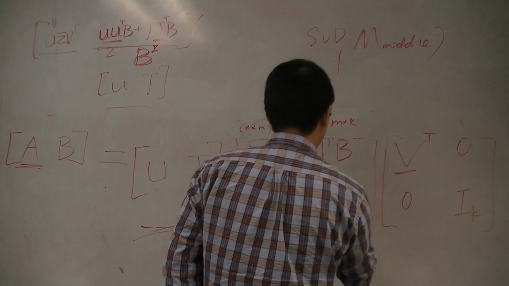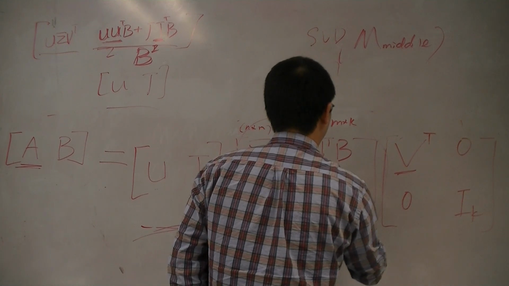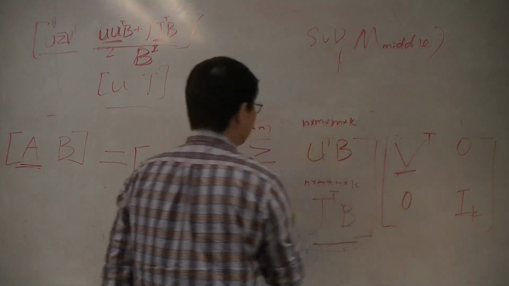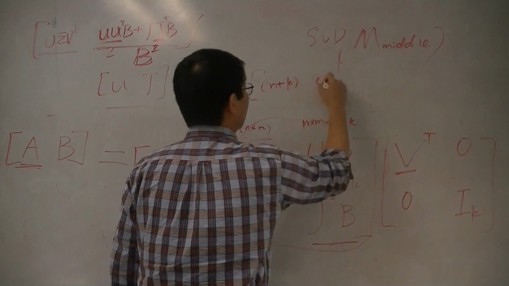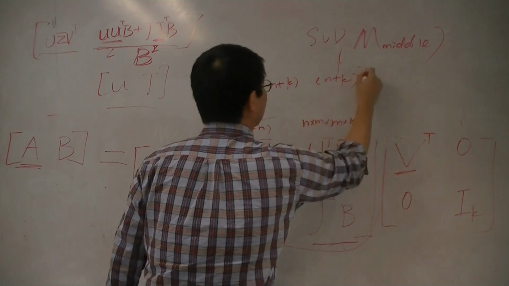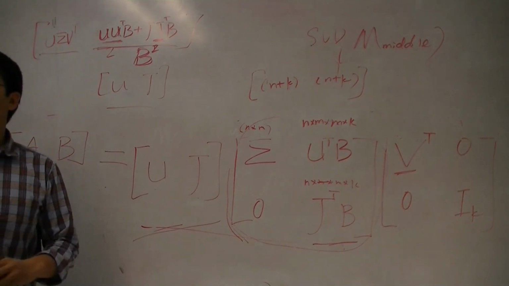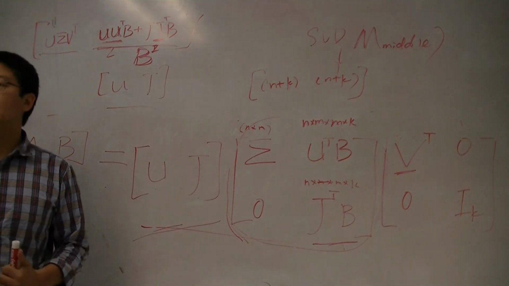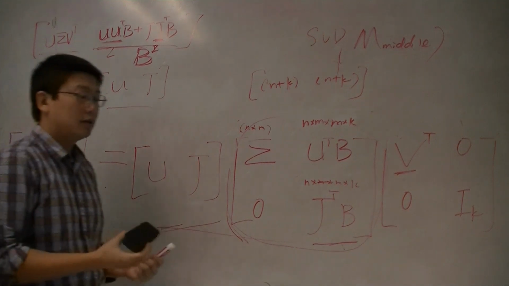Okay. That means this matrix size is n plus k by n plus k, and that means we transfer our purpose from the SVD of a bigger matrix to the SVD of a smaller matrix.